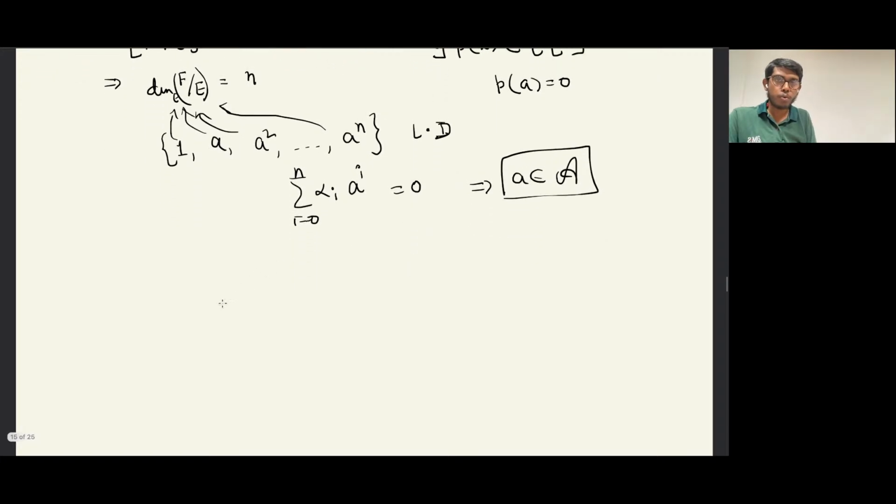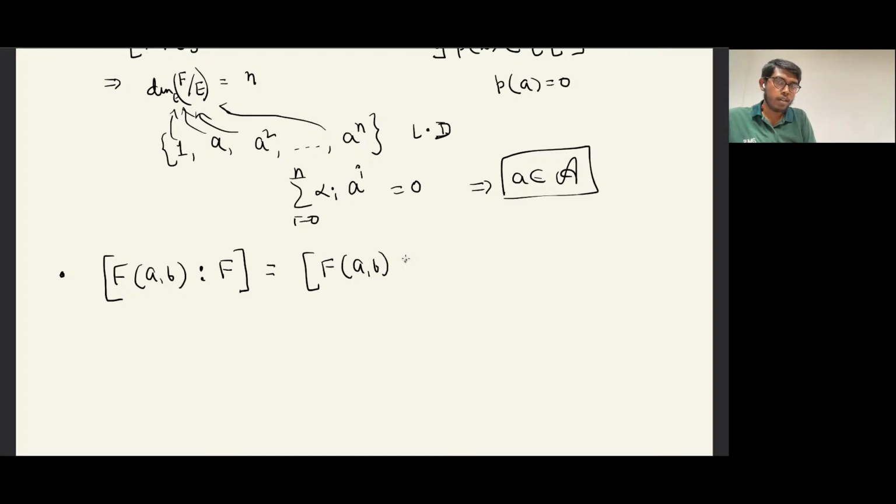Okay. So now the second fact is, if you have F(a,b) over F, this is equal to F(a,b) over F(a) times F(a) over F. These are just some facts, called the Tower lemma, which you have read in field theory.